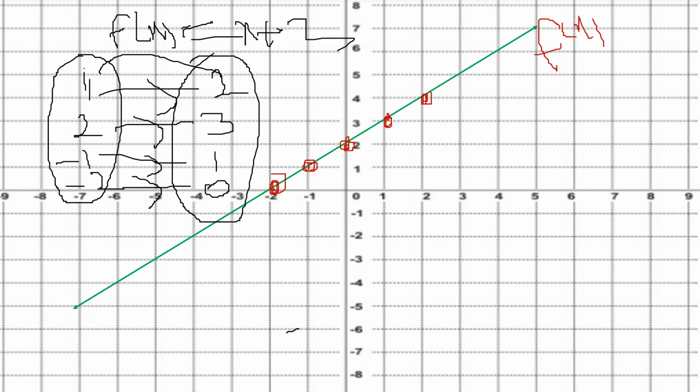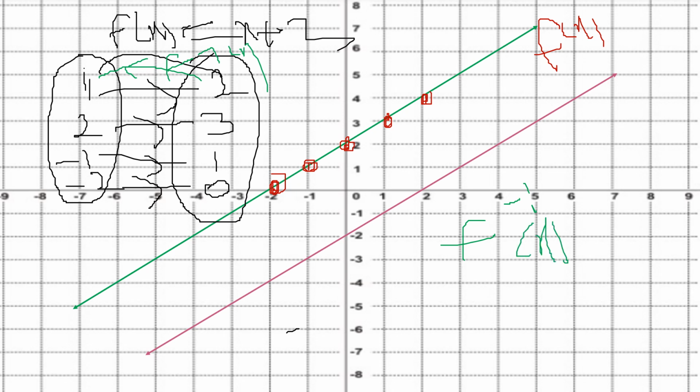Now let's see what this represents. It represents the inverse function, f inverse, the reverse of it, f inverse of x. Just now I found f inverse of x is x minus 2. If I write 0, I get 0 minus 2, that is minus 2.